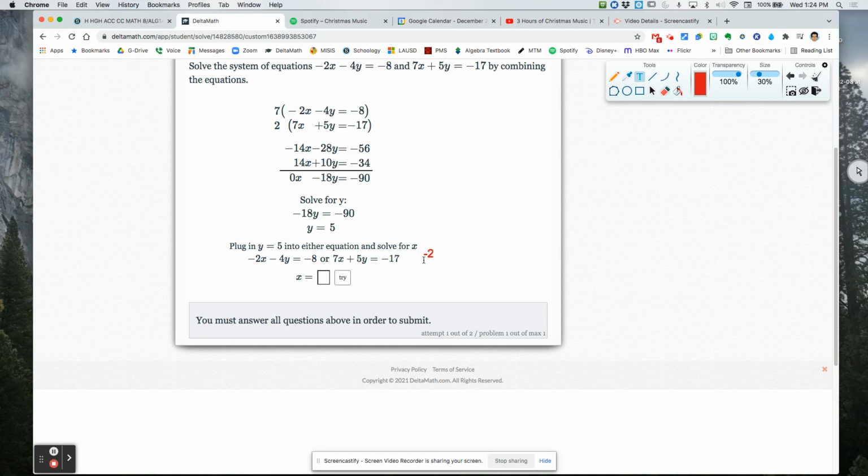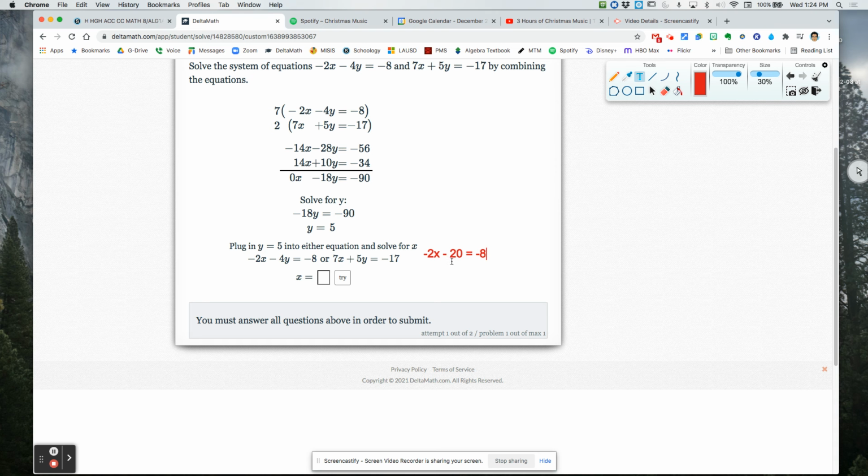Negative 2x minus, I'm multiplying 4 times 5, right? Equals negative 8.